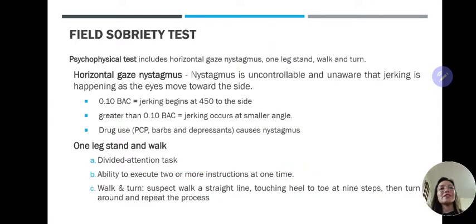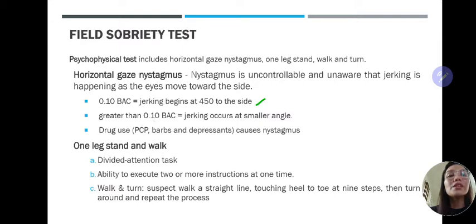Okay, so the psychophysical test includes the horizontal gaze nystagmus, one-leg stand, walk, and turn. So, yung horizontal gaze nystagmus is uncontrollable, and the person is unaware that jerking is happening as the eye moves toward the side. So, at 0.10 blood alcohol concentration, jerking begins at 45 degrees to the side.